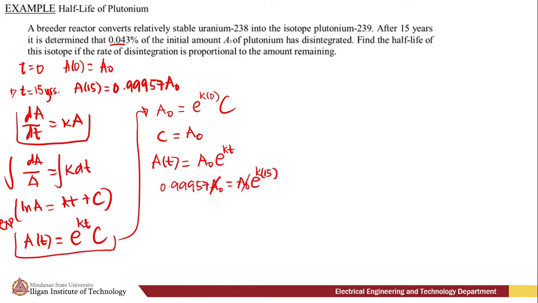Canceling A sub 0 and solving for k, we have e raised to 15k equals 0.99957.